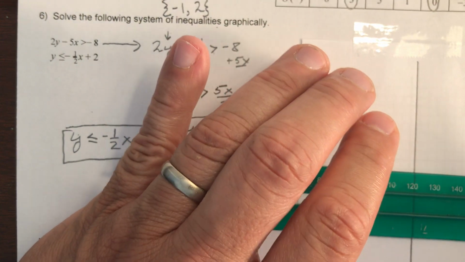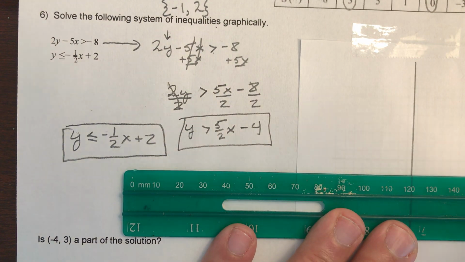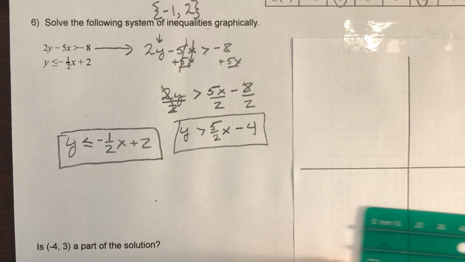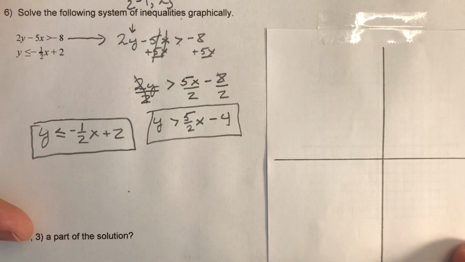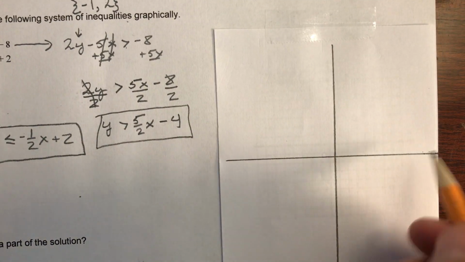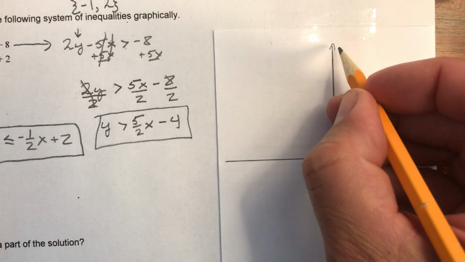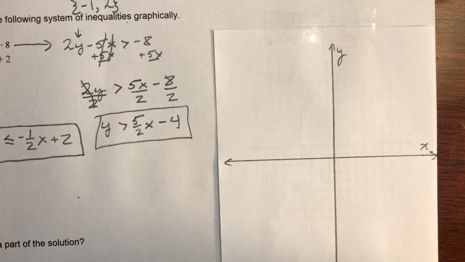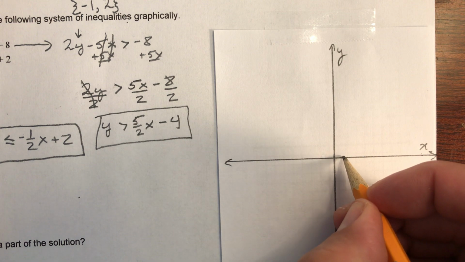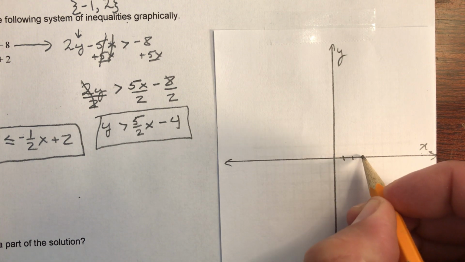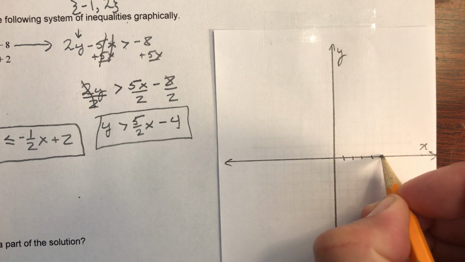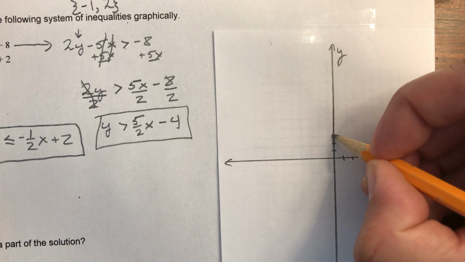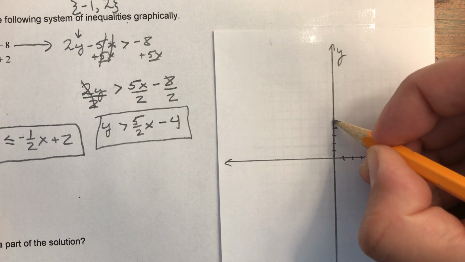Make a y-axis, make an x-axis, and then label, always label your axes, and just start 1, 2, 3, 4, 5. 1, 2, 3, 4, 5.